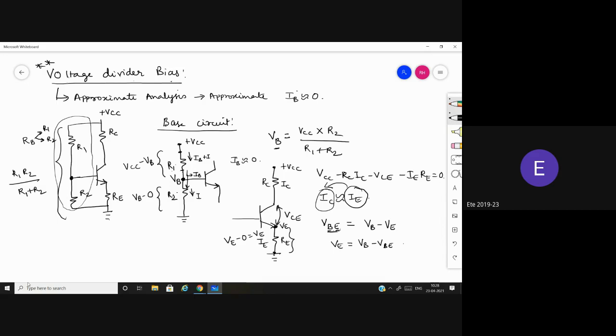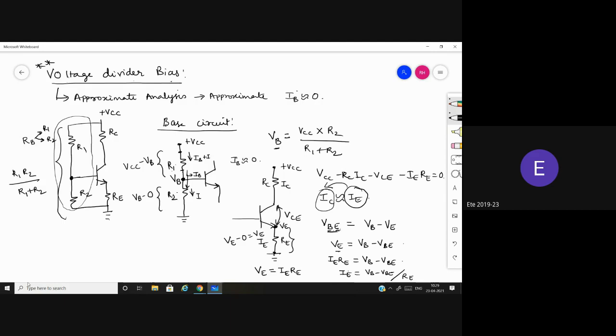Now, according to Ohm's law, can I write VE is equal to IE into RE? Yes. Now I'll substitute IERE equal to VB minus VBE. Just rearrange this and you'll get an equation for IE: IE is equal to VB minus VBE divided by RE. This is how we obtained the equation for IE.